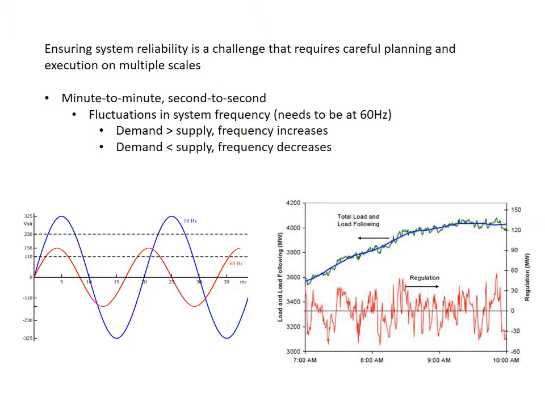The need to balance supply and demand on a second-to-second and minute-to-minute basis is really tied to, and when I mean meeting supply and demand, I'm not talking about contingencies where you lose a power plant, or you lose a transmission line, and all of a sudden your supply has decreased dramatically, and you have to replace it with something else.